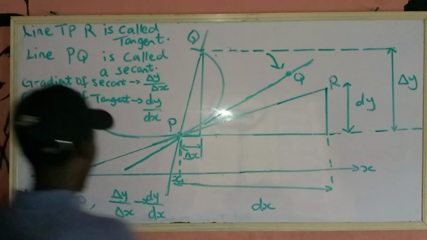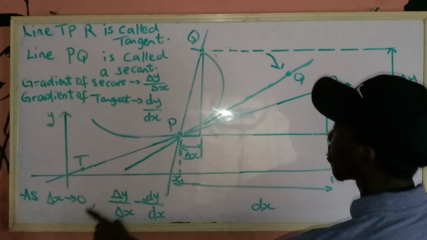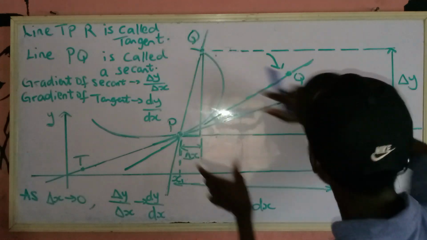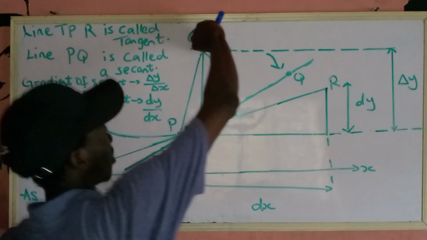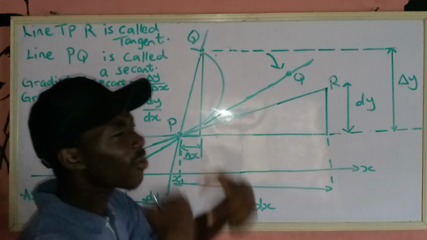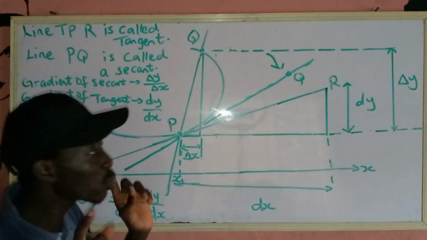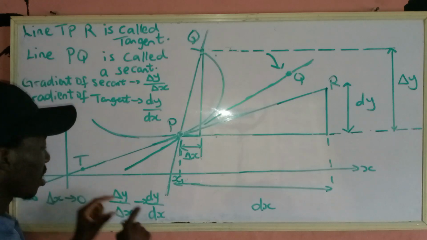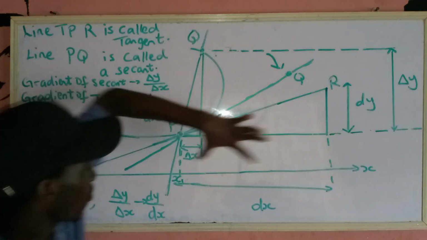So we say as the x approaches 0, the value of the gradient of this secant, which is change in y over change in x, as you keep turning this line until it becomes this line TPR. Algebraically, that means this line has a particular gradient, which is change in y over change in x.